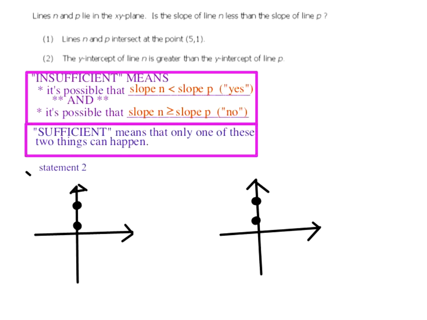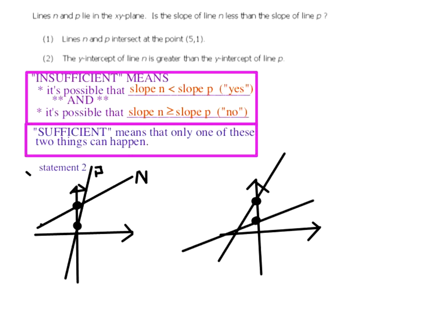And then line N has the greater y-intercept. You can just make that slope less than P. So this would be a yes. Or you can make it slope more than P, so now it has a bigger slope.